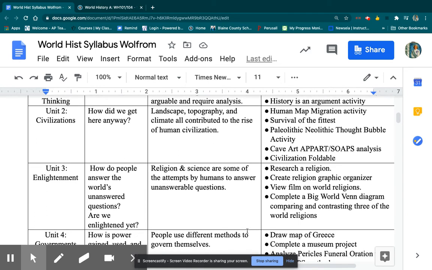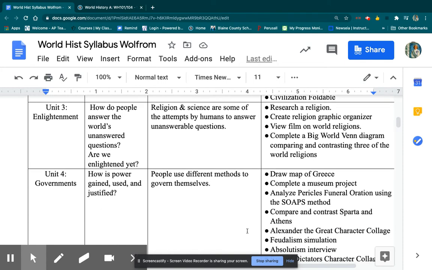Our second unit is getting back to the dawn of man. Unit 2 is all about civilizations and early man. And we're going to talk about how did we get here anyway? How did we get to this place as a human civilization where 7 billion people plus populate the planet? We're going to look at landscape, topography, environments, biomes, migration, etc. All of those things that led to human civilization.